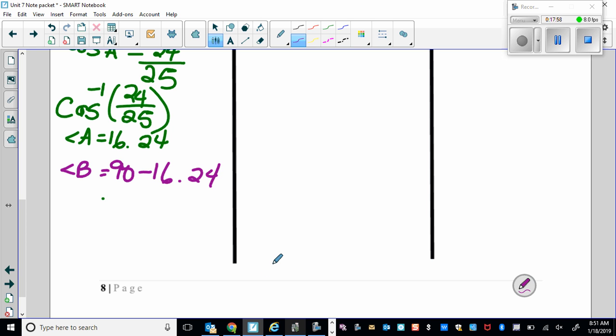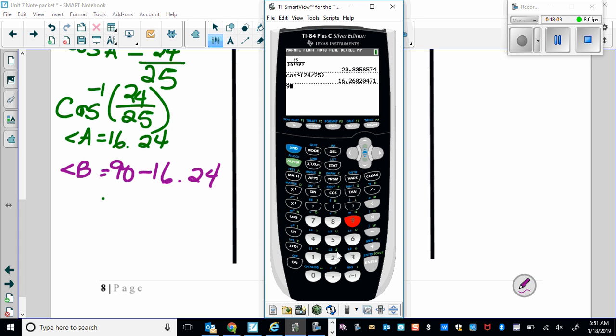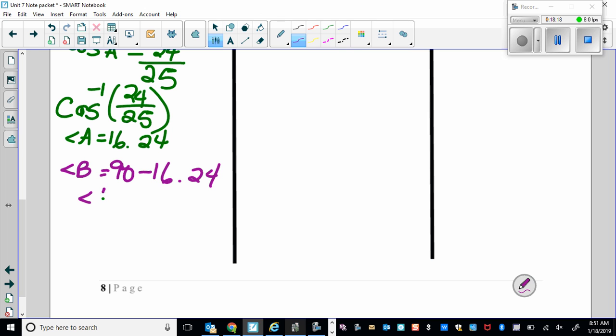Okay, and then you come to your calculator and you put 90 minus 16.26. Okay, that will give you 73.74. So angle B is 73.74.